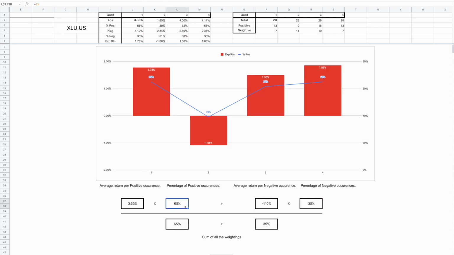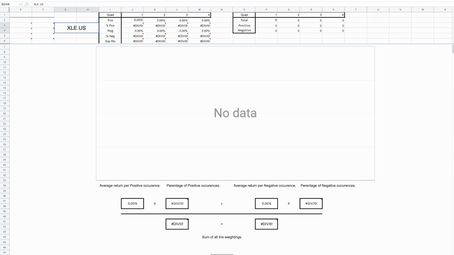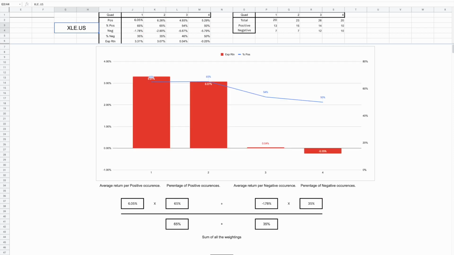There you go, so it's only 65 and 35. I don't know what XLE is. It's quite high. But again, it's only 65 and 35.